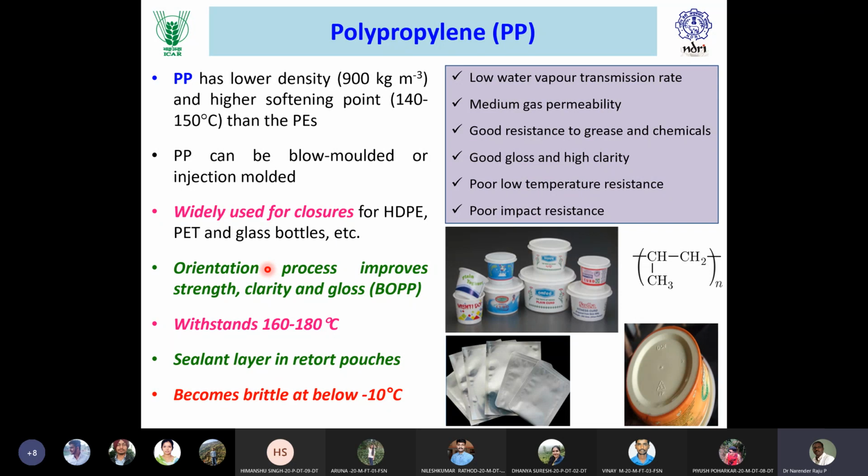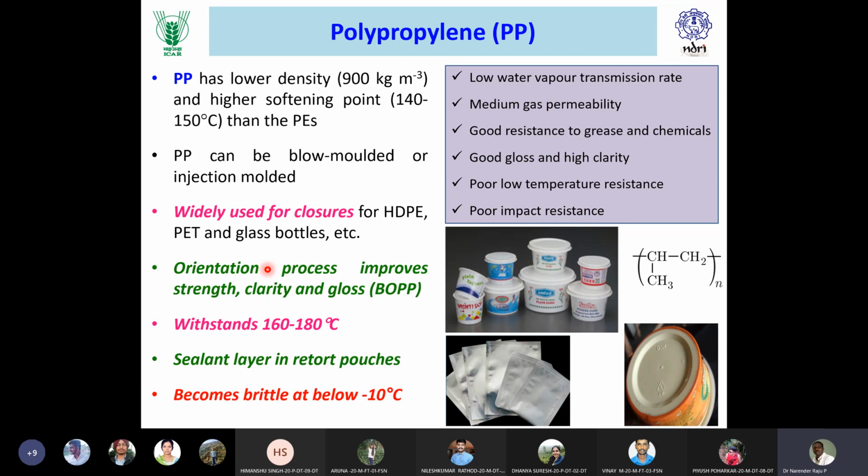The main purpose of orientation is to enhance the mechanical properties and also the optical properties, but at a reduced thickness. So this has a great potential in packaging applications, because when you reduce the thickness, you are actually enhancing the yield of the plastic film.